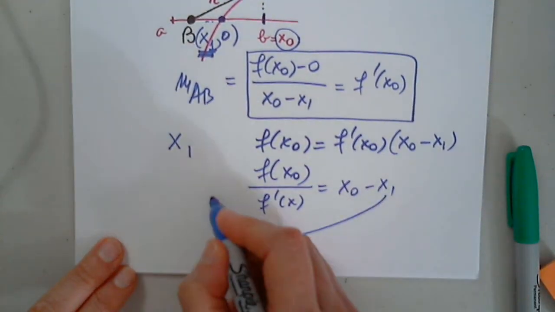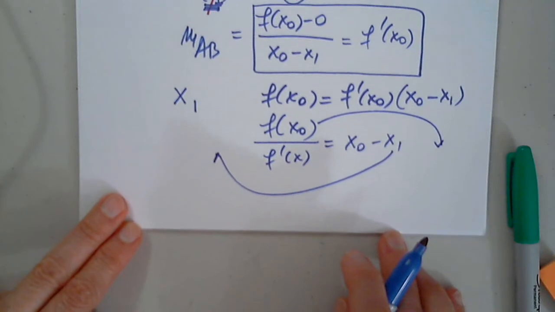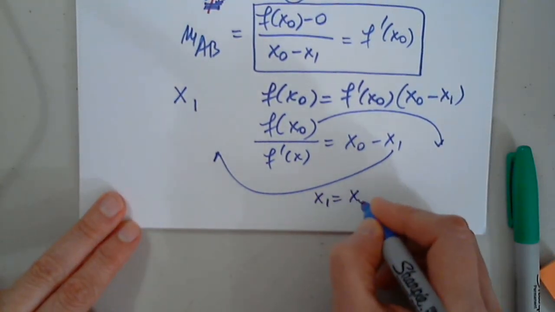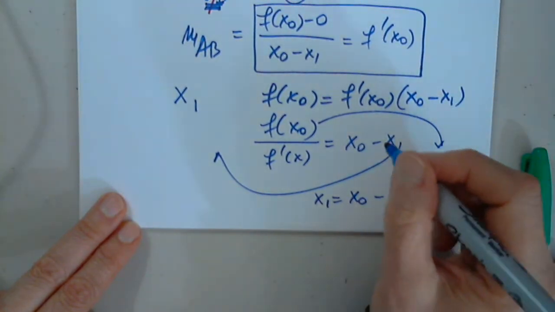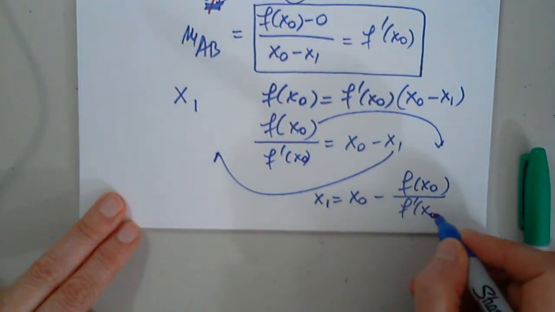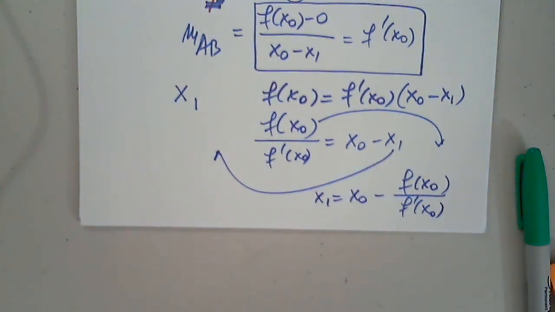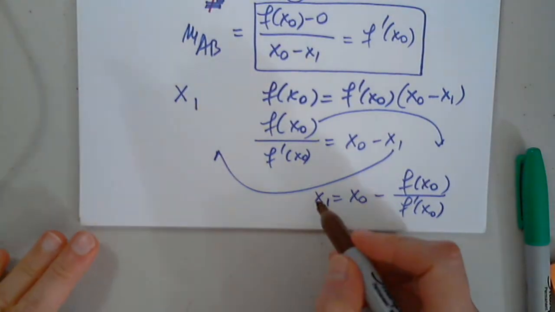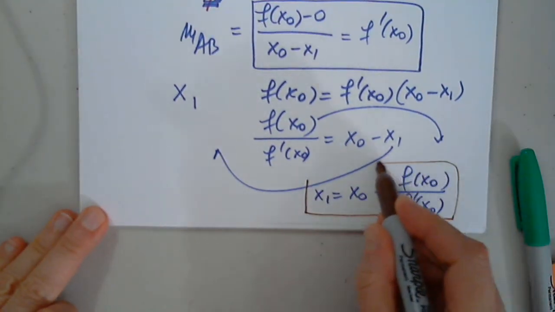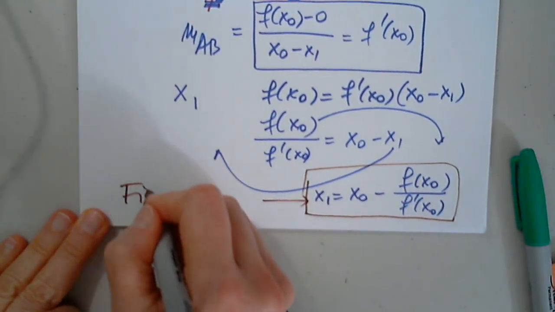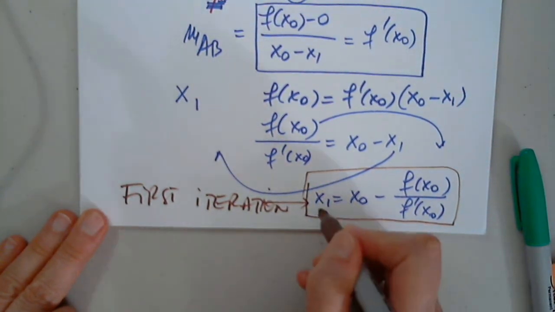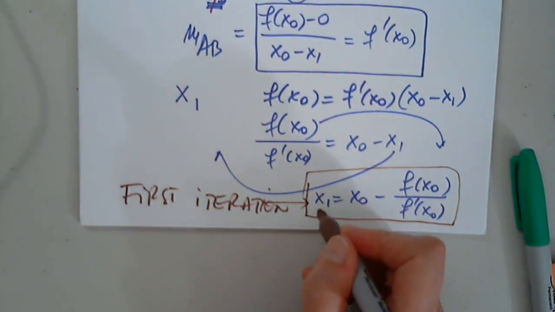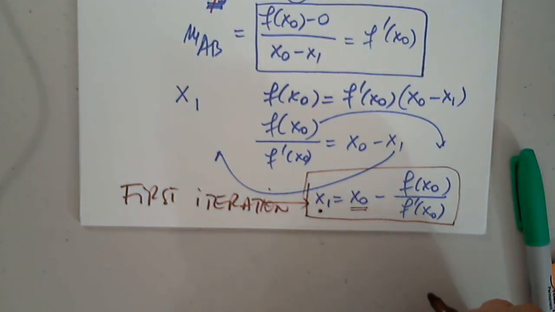And since I'm after x1, I write x1 equals x0 minus f of x0 over f prime of x0. So I started with an initial value and I got my first iteration, a better approximation of the real solution than my initial value was.